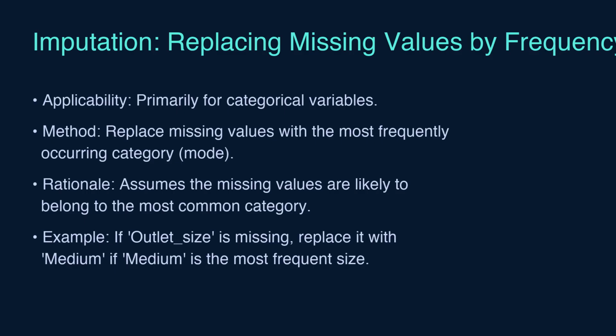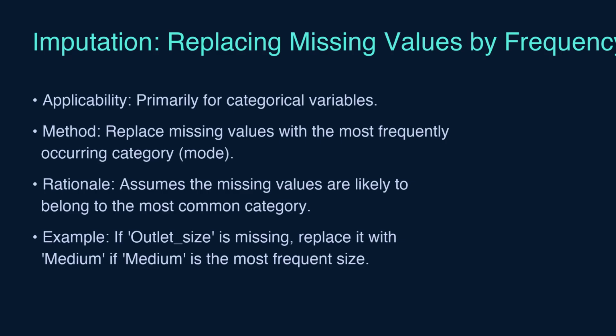For example, if we have a categorical variable like outlet_size, and medium is the most common size among the non-missing entries, then we would fill all missing outlet_size values with medium.